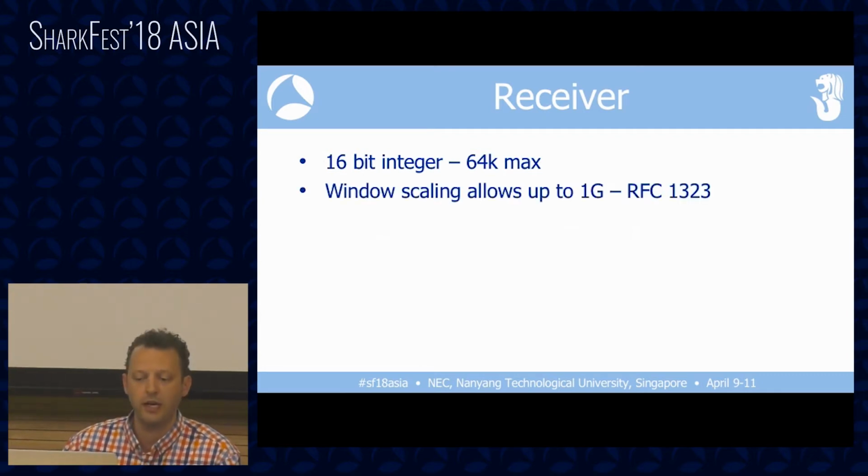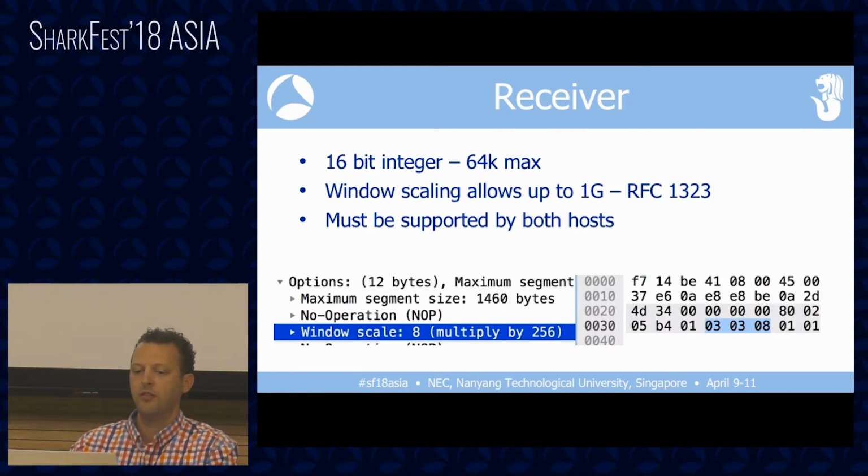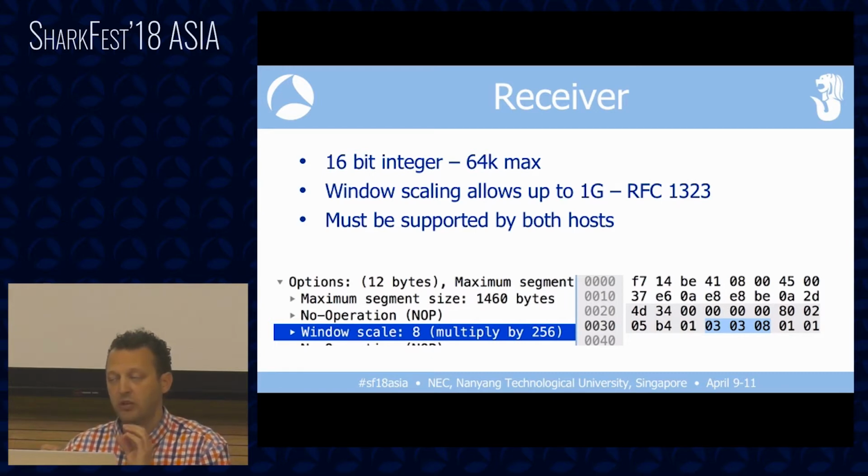So we have window scaling, which allows up to 1 gig, RFC 1323. It must be supported by both hosts to be used. And the way you determine that is in the three-way handshake. So when you're gathering data, when you're reproducing a problem, capturing the data, make sure you start your capture before you do the test, because you want to get the beginning of the connection.